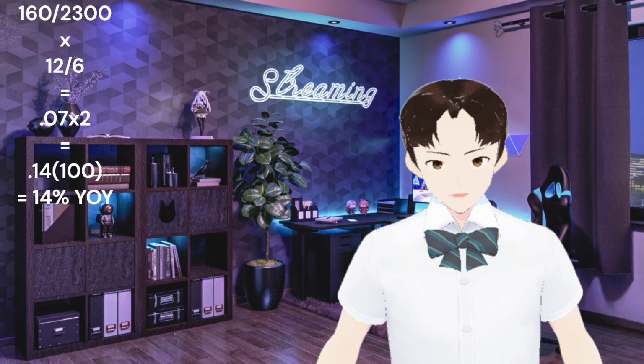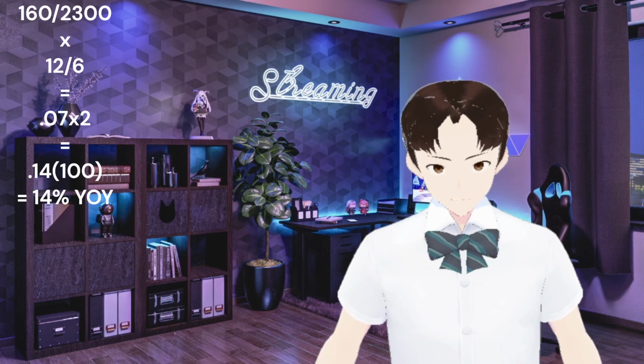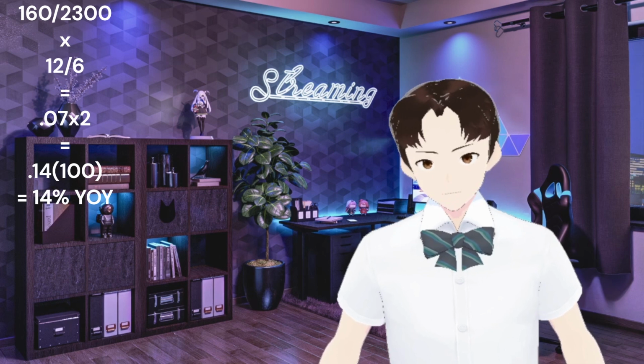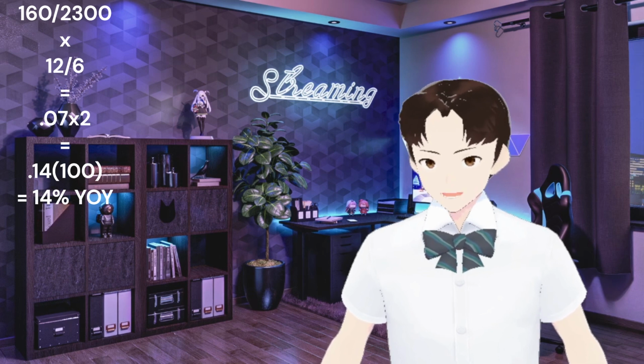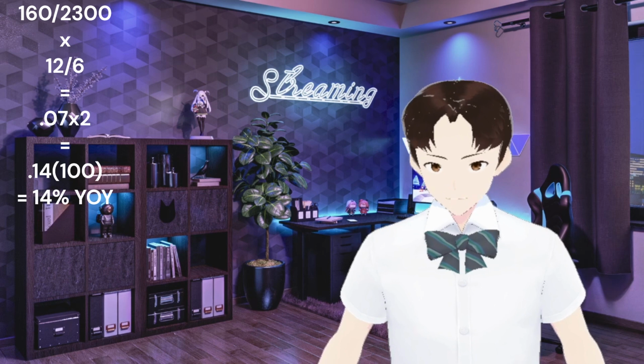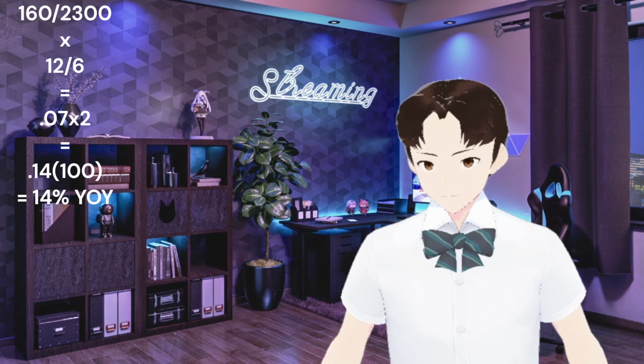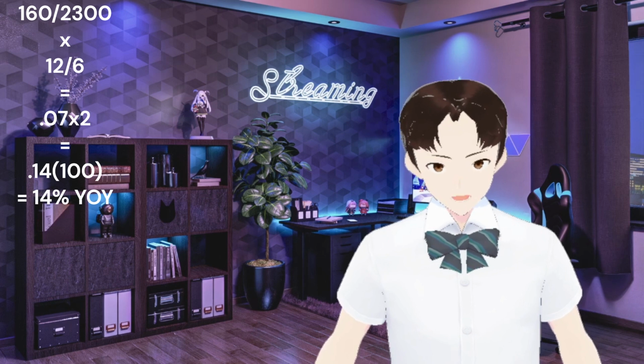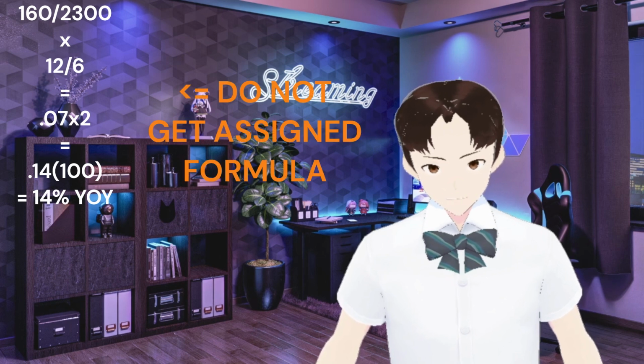The formula, I'm going to put right here, beside me. So you'd end up getting 0.07 times 2. That's what that would all equal. Then you would take your 0.14 times it by 100. That would be 14% gains year over year. So that's how you do it. This is the simple version. This is what happens when you do not get assigned.